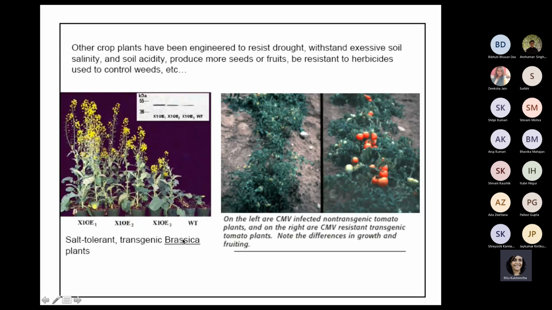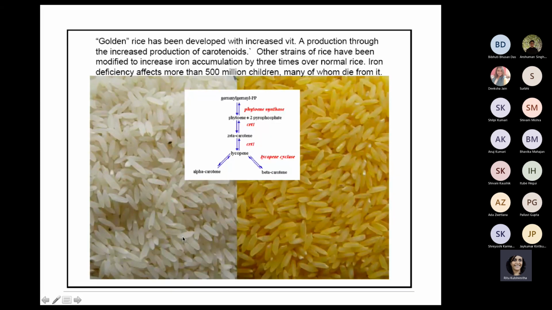So these are certain examples of golden rice being developed, and you can see the difference between the control and the golden rice. Because the beta carotene gene has been engineered here, golden rice has been developed with increased vitamin A production through the increased production of carotenoids.